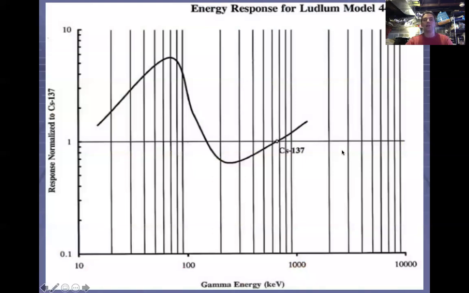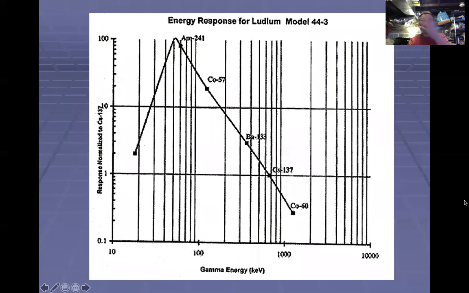Compare that to a GM, where you'll see that it's not 10, 20%. It's 2 times, 3 times, 4 times, 5 times. You could be off by a factor of 5, 6, 7 or more, depending on the energy. Then take that to the scintillation detectors, and at an unfavorable energy, these can over respond by 100 times or more.